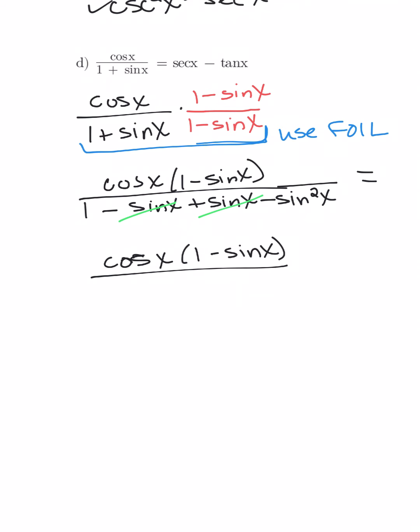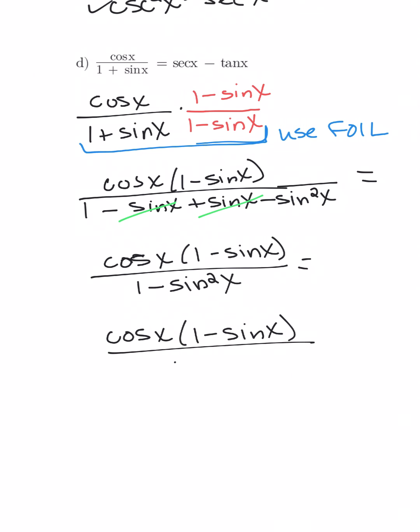And our denominator simplifies to become 1 minus sine squared of x. Now we do have a squared that is a Pythagorean identity, so we are going to replace that denominator with what it's equal to. So we're going to have cosine of x times 1 minus sine of x over cosine squared of x. Well, now I can simplify the cosines.